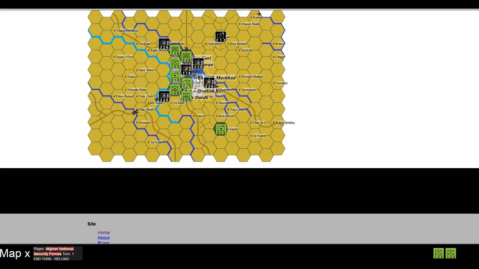We want to push back into there, I think. So what's that under there? Dense. So they're going to be worth 3. So that's going to be a 1-to-1. Possibly a 2-to-1 with the surround. We can get the artillery in there.